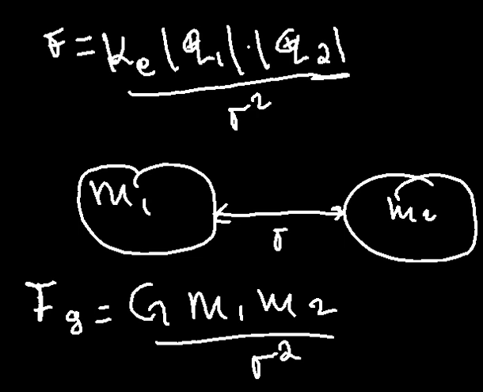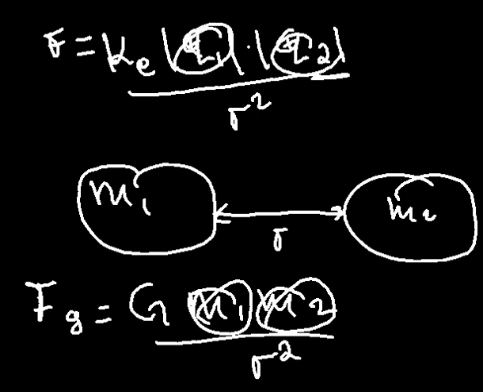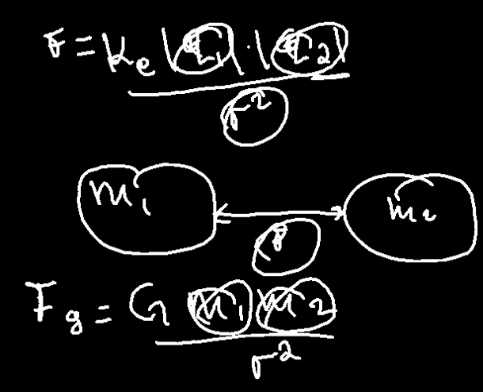Mostly, gravitation force is weaker than the electrostatic force. Also, gravitation force deals with the system of masses, while electrostatic force deals with the charges. But both laws obey the inverse square law. So keep that in mind.